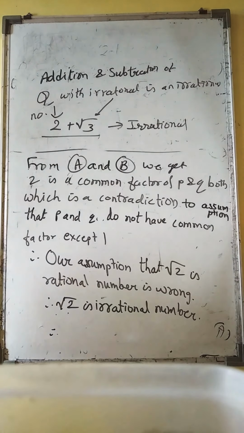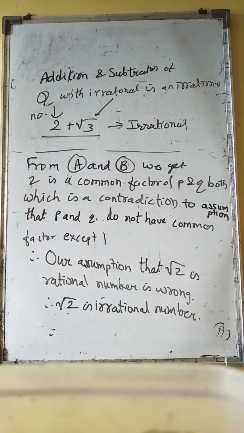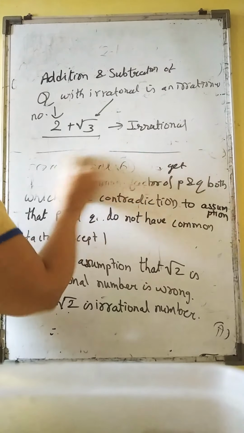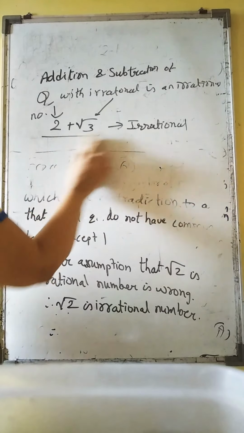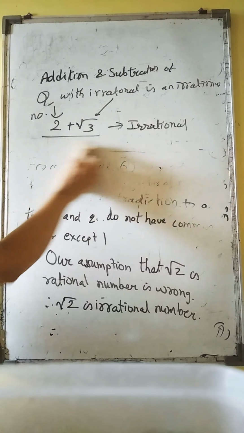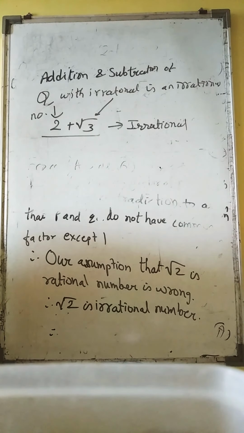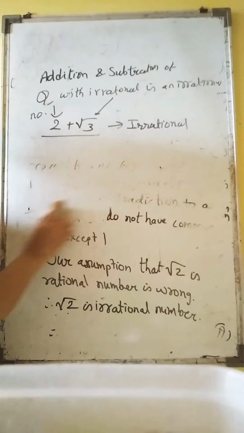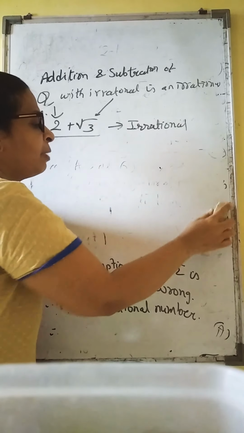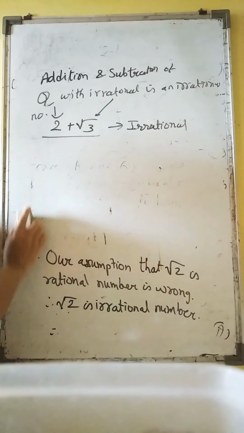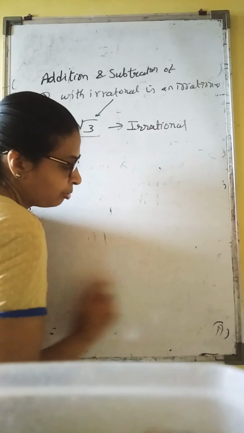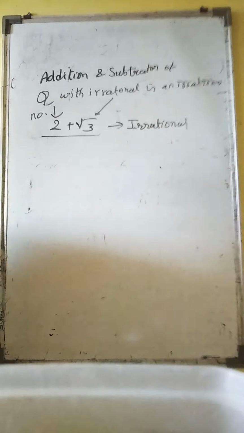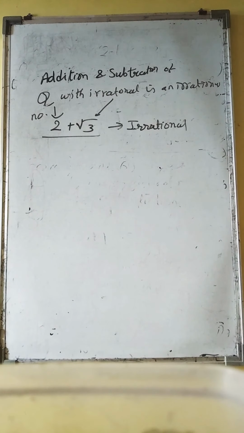Clear? Is this property clear? Yesterday we have seen how to plot numbers like this on a number line. So even irrational numbers we are able to plot on the number line. Right? That is the beauty of maths, that you can plot irrational numbers also on the number line.